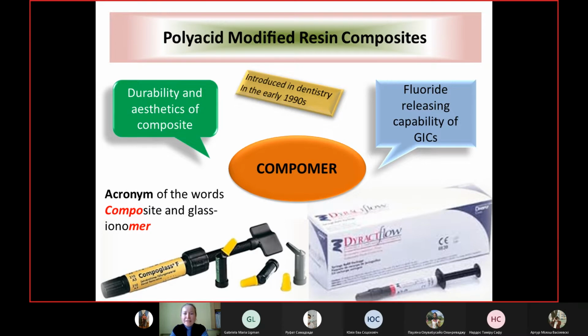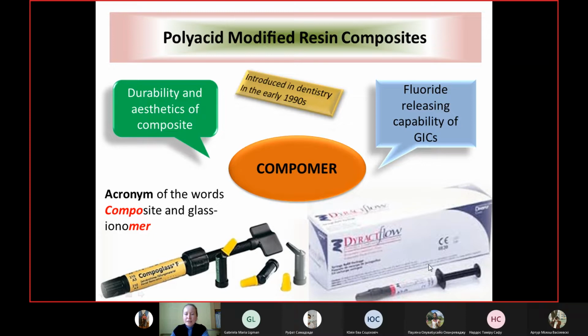From composite, it takes durability and aesthetics, and from glass ionomer, it takes fluoride releasing ability, making them caries resistant material. The main examples are here. It is a material for restoration, condensable, Compoglass F, and flowable material, Direct Flow.